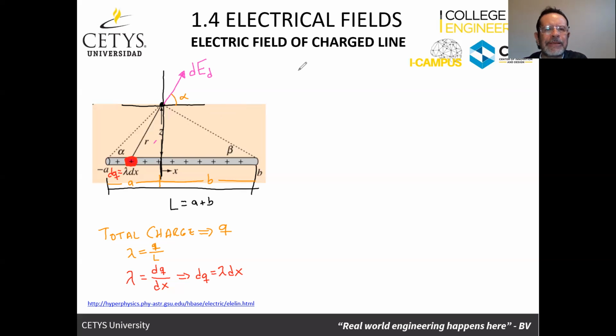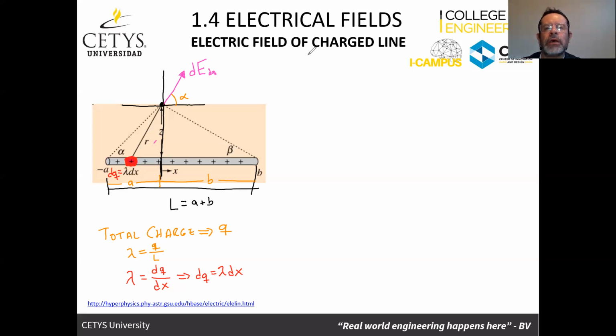I don't like calling it DQ because there are too many D's there. I'm just going to be calling it, well, yeah, that's fine, DQ. And that's going to be pointing that way. Now, I want the resultant electrical field.